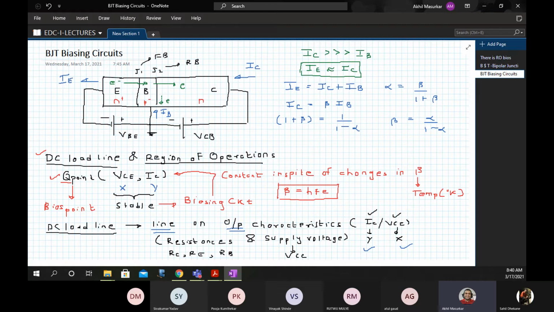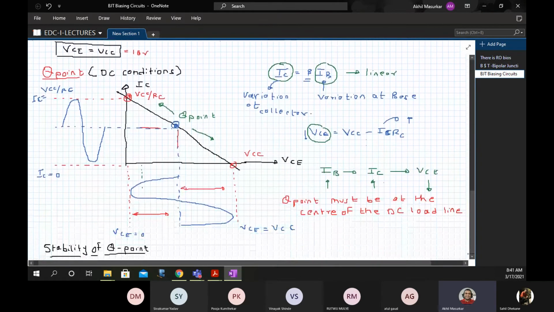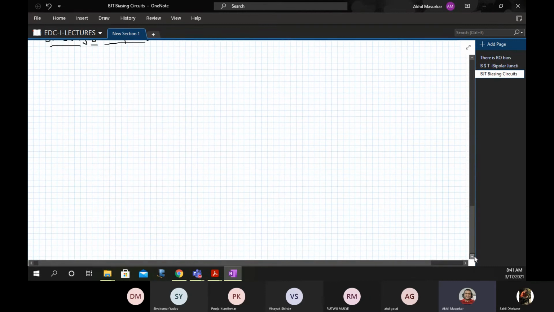This leakage current is denoted by ICBO and it flows from collector to base. So in addition to IC, there is also a current called ICBO, because of the junction being reverse biased.